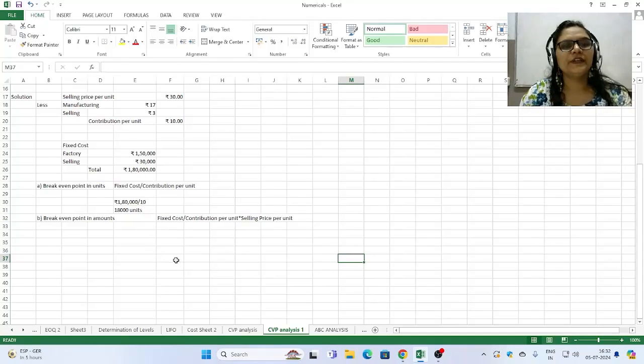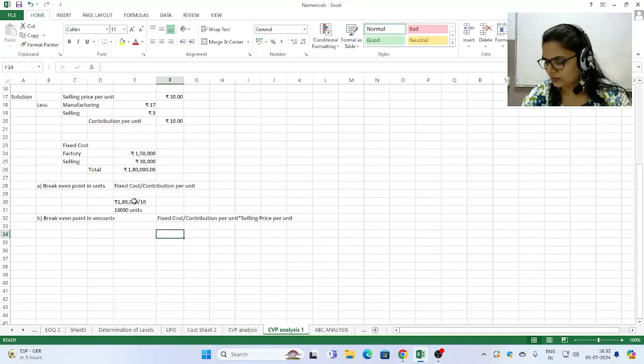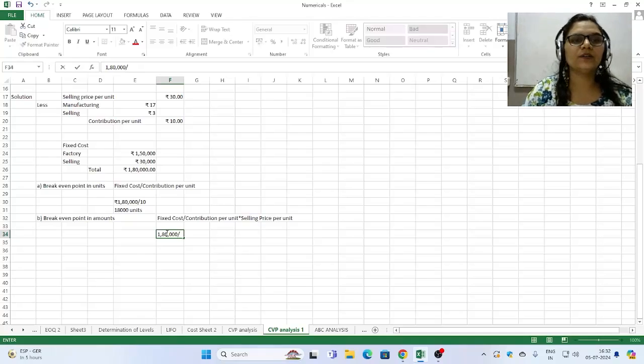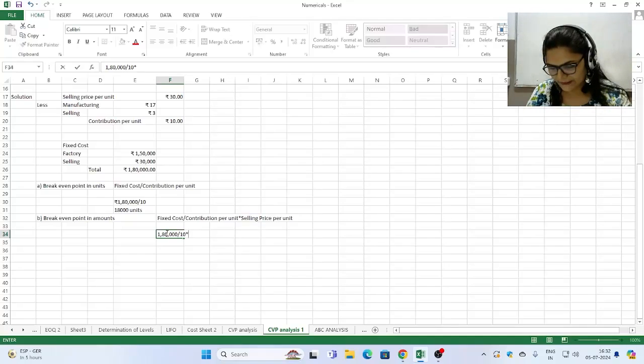Now we know fixed cost upon contribution is 18,000 units. Let's work it out once again. 1,80,000 divided by contribution per unit, we know 10, multiplied by selling price per unit, it's given 30.